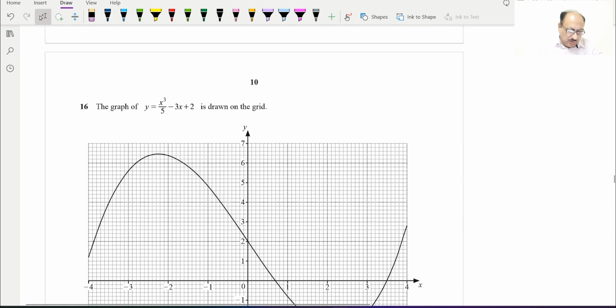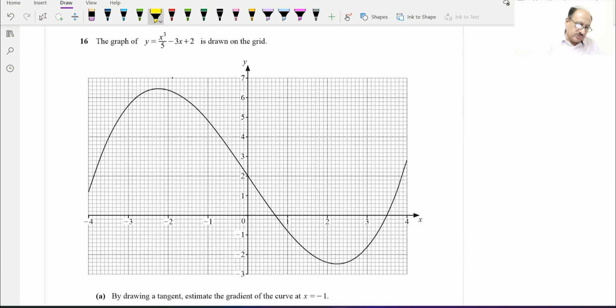Hopefully you understood this. Question number 16. The graph of this function is drawn on the grid. This is the graph which they have plotted. In part a, by drawing a tangent, estimate the gradient of the curve at x is equal to minus 1. This is x is equal to minus 1, so we can trace, this will be minus 1, and we have to draw the tangent at this point.